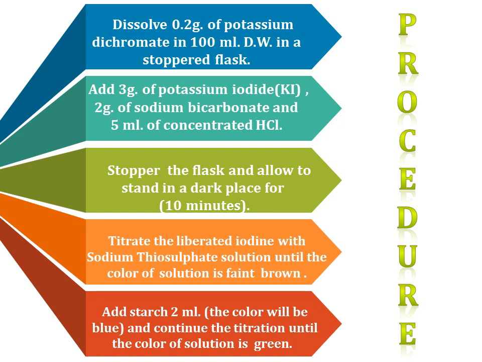If we add the starch when the solution is dark brown, meaning I have a high concentration of iodine, a blue irreversible insoluble complex between the starch and the iodine will form, so no matter how much sodium thiosulfate I add, the color of the solution will remain blue.